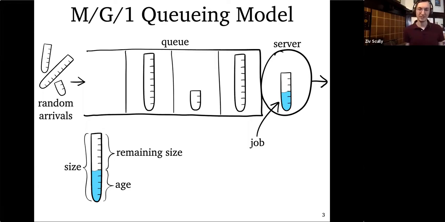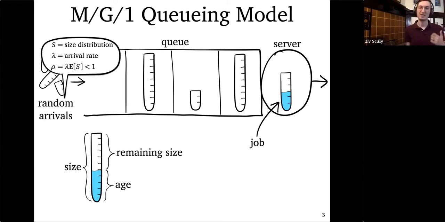Unlike lots of computer science models, here we're talking about a stochastic model, where each job's size is drawn IID from some size distribution. Jobs arrive at random times at average rate lambda, specifically a Poisson process. If you don't know what a Poisson process means, just think completely random other than this average rate lambda.